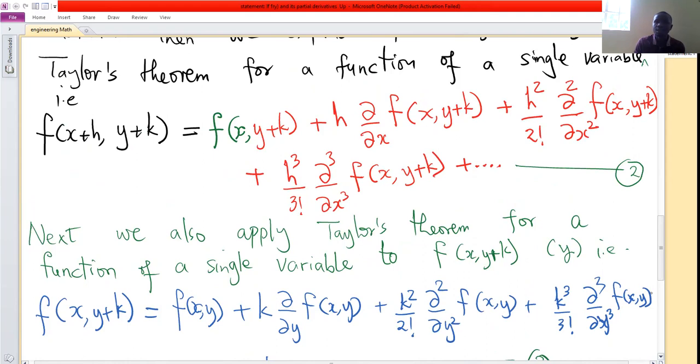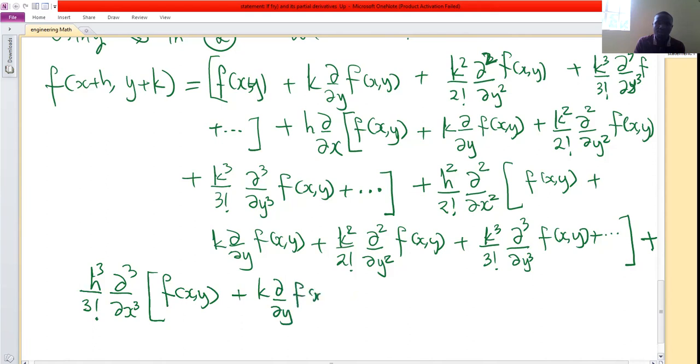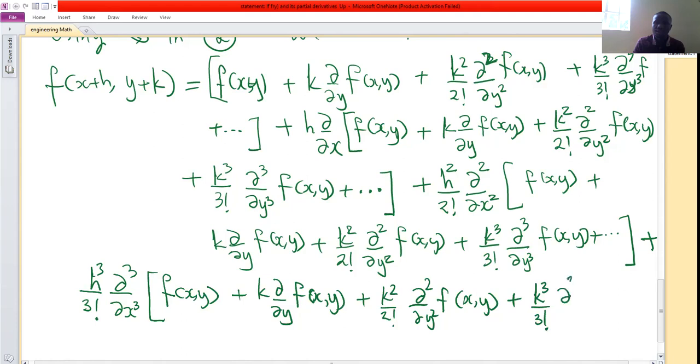cubed over partial x cubed of this function. So we'll have h cubed over 3 factorial partial cubed partial x cubed into the same series f of (x, y) plus k partial y f of (x, y) plus k squared over 2 factorial partial squared partial y squared f(x, y) plus k cubed over 3 factorial partial cubed partial y cubed f of (x, y) plus other terms.